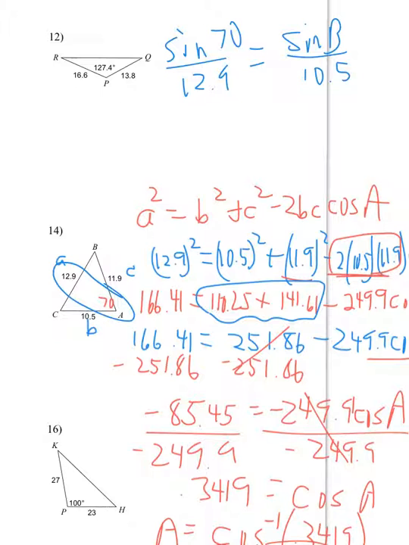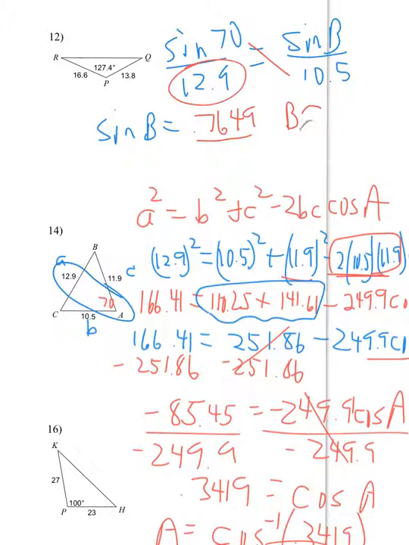If I cross multiply and divide, sine of B, I would take this times this and divide by 12.9. So 10.5 times sine of 70 on the calculator divided by 12.9, and that should be about 0.7649. I'm limited on space here, so I'm not going to do that. And then if I do inverse sine and put in my 0.7649, angle B is about 49.9 degrees.